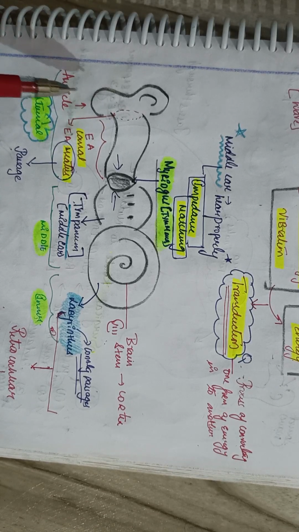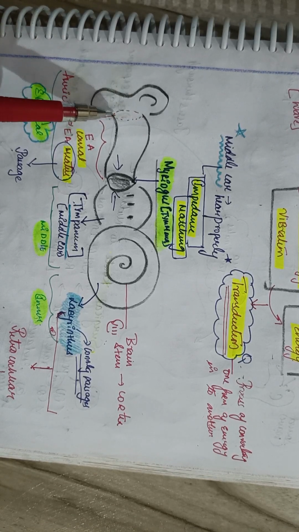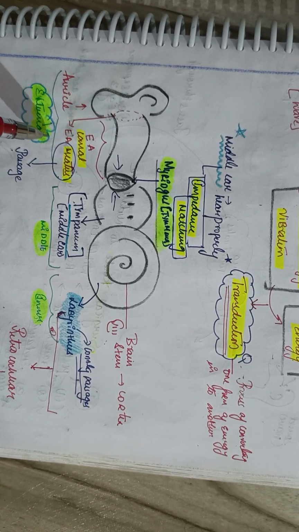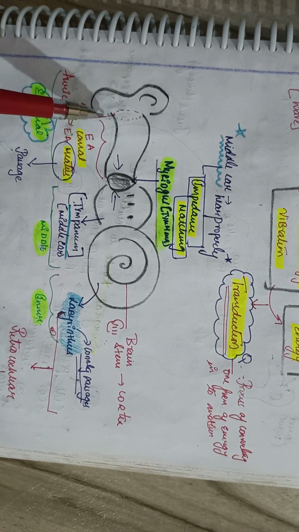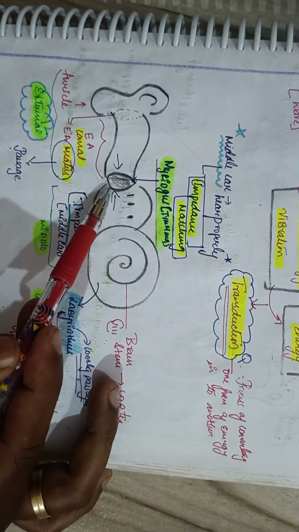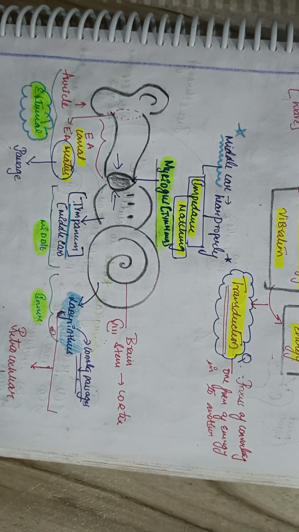This is the meatus passage, the external auditory meatus, and this is the external auditory canal. Now, this is the tympanic membrane. Another name for the tympanic membrane is myringus. In further sessions, when they or I use the word myringus, don't get confused, it's the tympanic membrane.